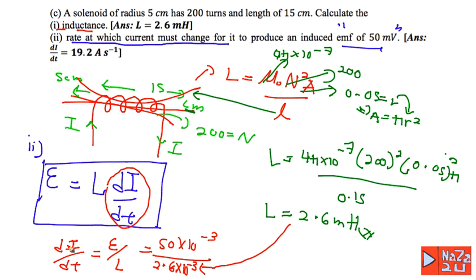So now you can find dI/dt. I write here, dI/dt is equal to, and you can use the calculator here. The answer is 19.2 ampere per second. This is number 2.